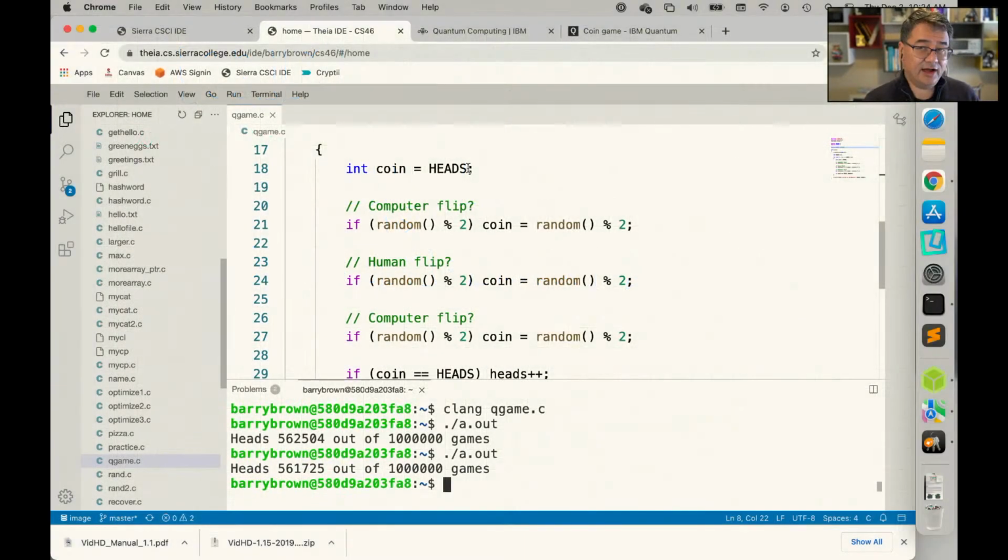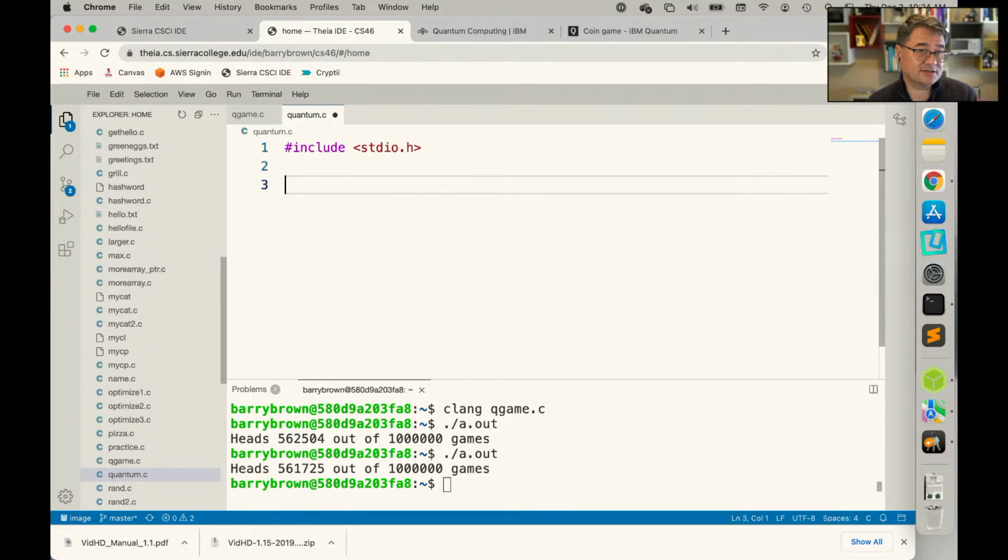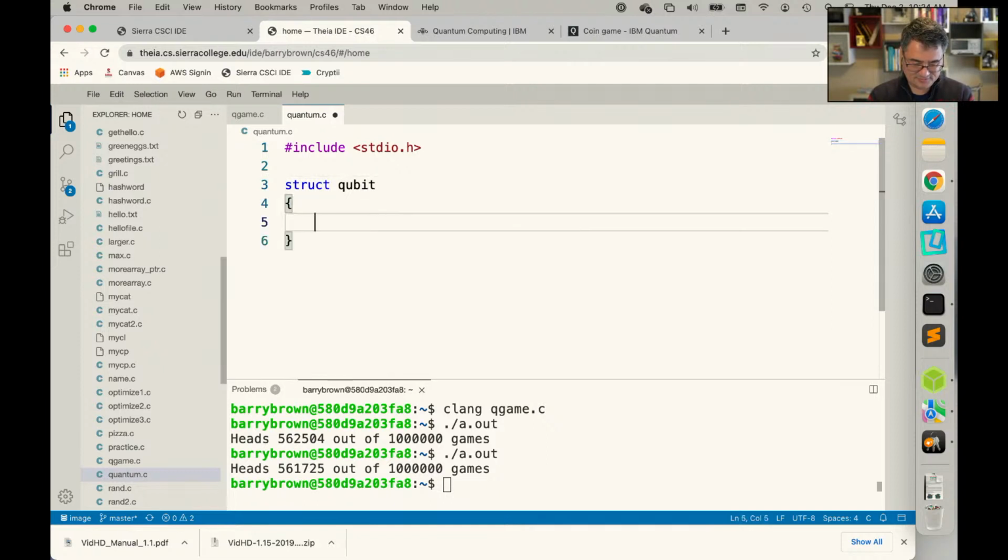Okay, so how can we do this in C? So we need to define something that will represent a qubit. How about a struct? Yeah. The struct will hold two numbers.